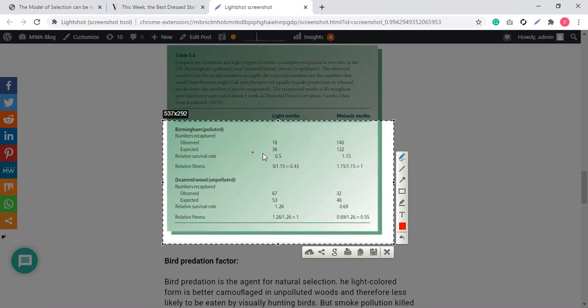Even though they expect that in a polluted environment the frequency of the light moths should be less and the melanic frequency should be high, in their expectations the melanic form had a higher frequency, but in practice what they observed, the melanic form was very high, meaning it crosses their expectations. Cool.